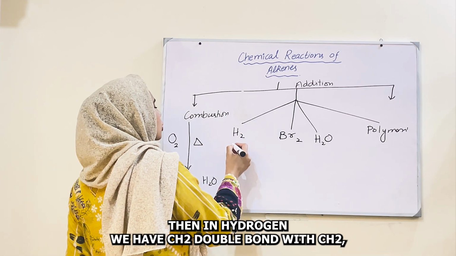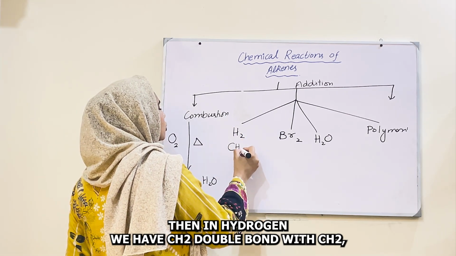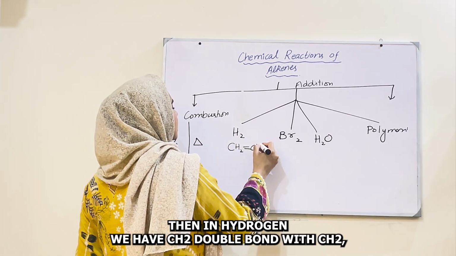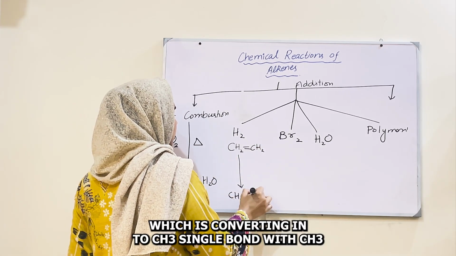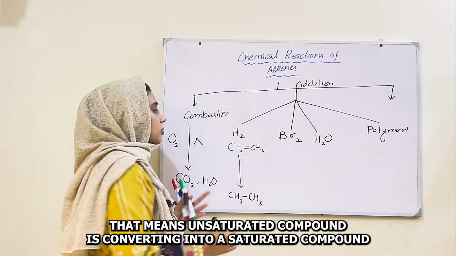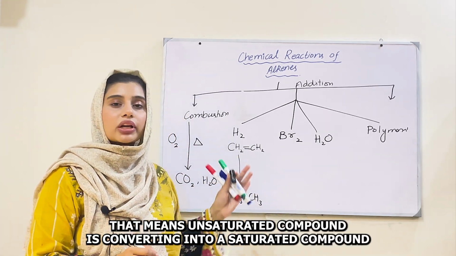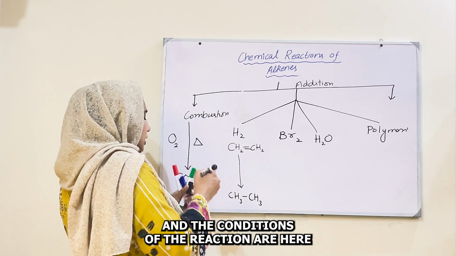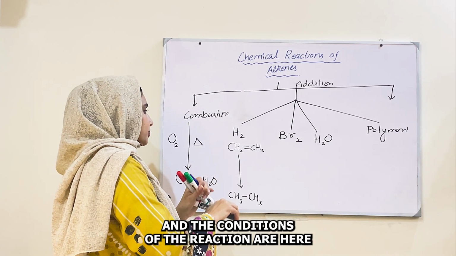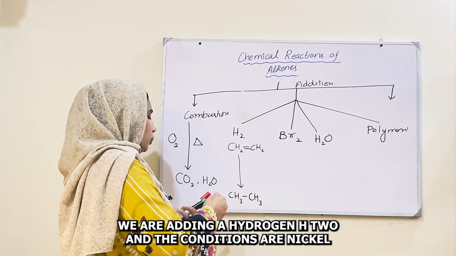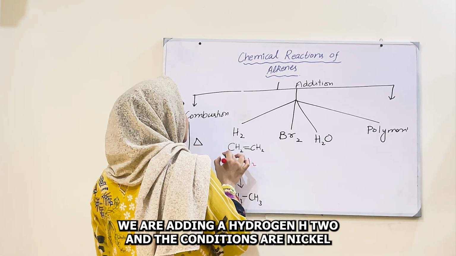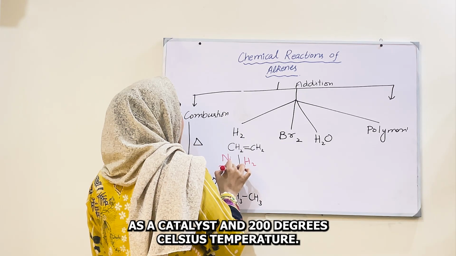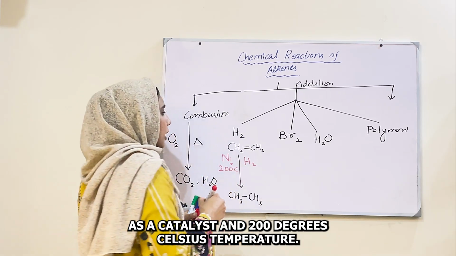Then in hydrogenation, we have CH2 double bond with CH2, which is converting into CH3 single bond with CH3. That means an unsaturated compound is converting into a saturated compound, and the conditions of the reaction are, here we are adding hydrogen H2, and the conditions are nickel as a catalyst and 200 degrees Celsius temperature.